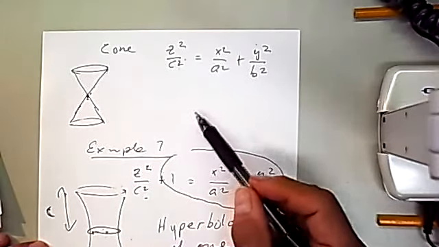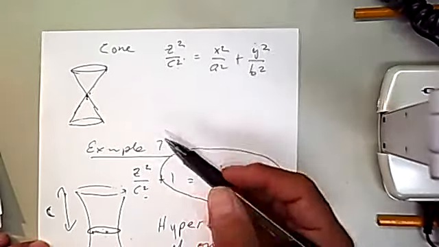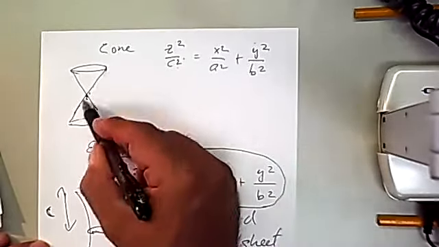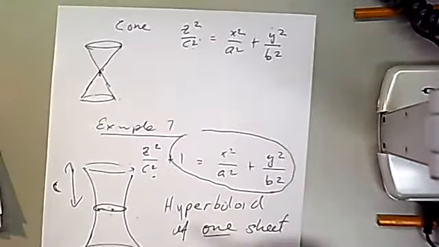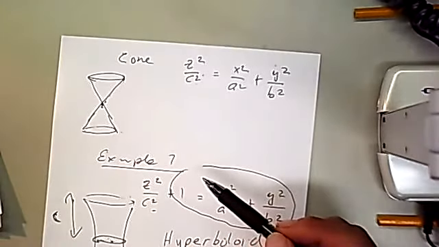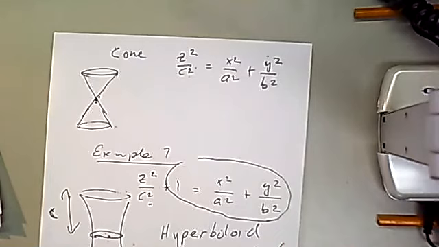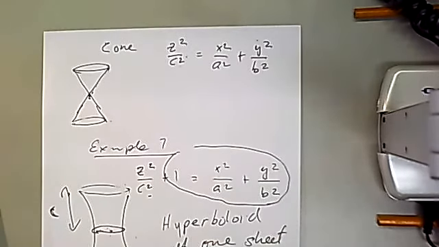That's a good thing to ask to yourself. All the other ones are curvy, but that one happens to have a straight side. So that is a good question to ask. And with that, we finished quadratic surfaces.